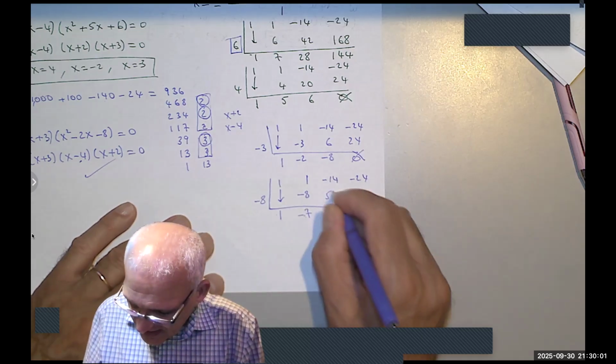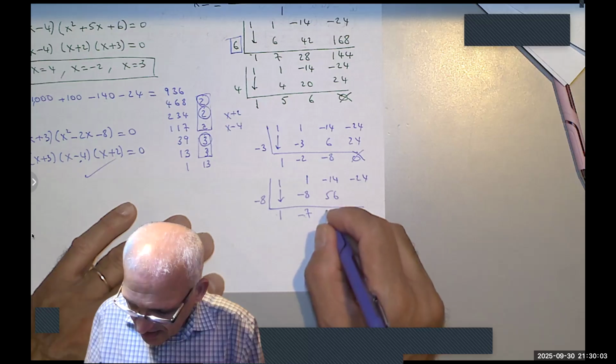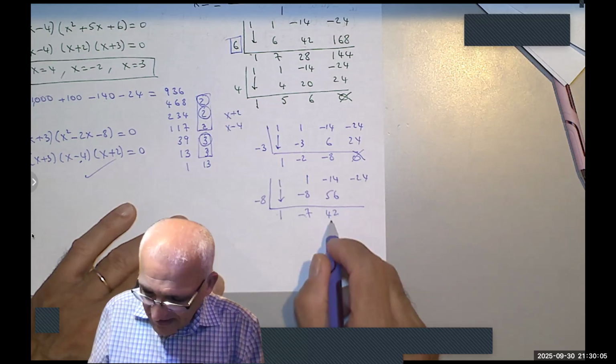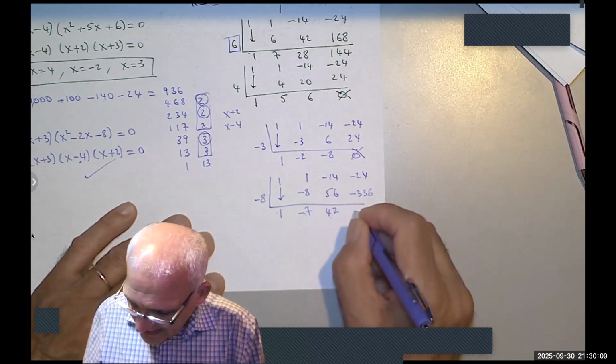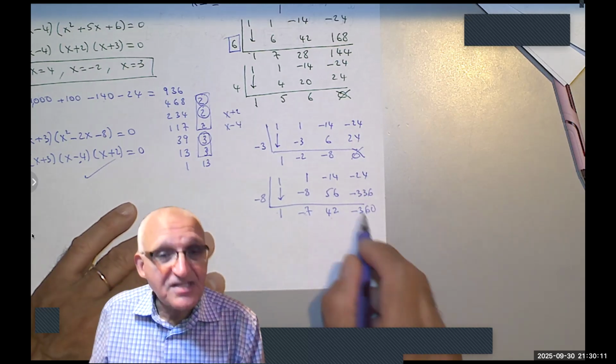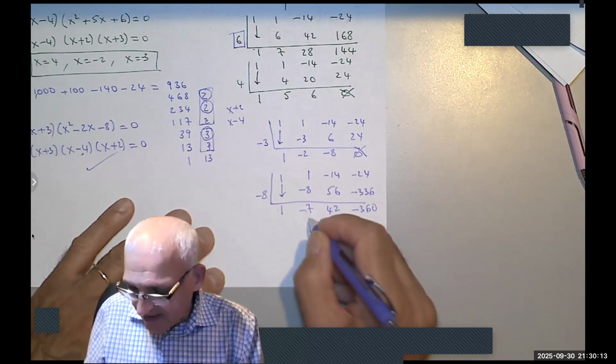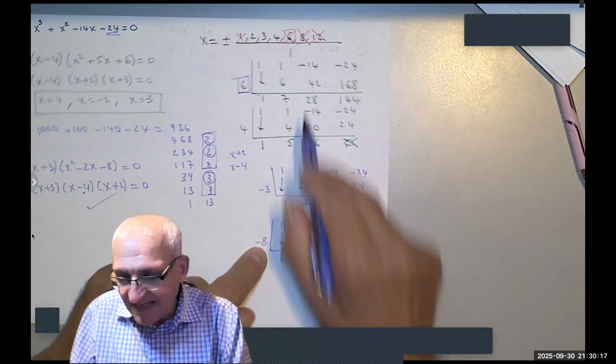You get 56. 56 minus 14 is 42, which is positive. Times -8 is -336. Add that, you get -360, which is negative. Positive, negative, positive, negative says there is nothing less than -8.